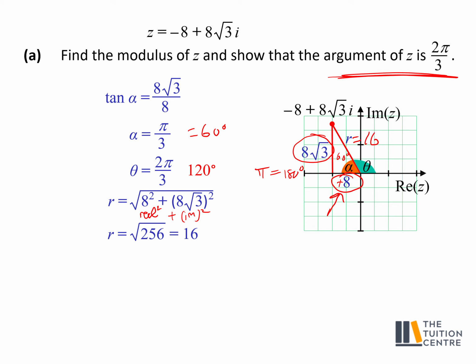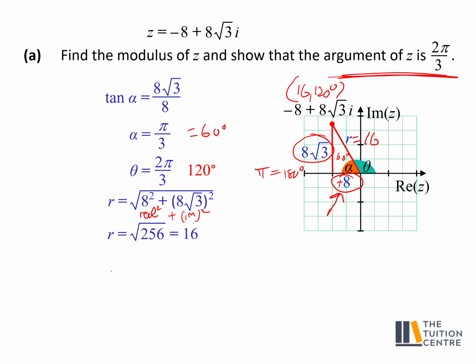So in its simplest form, in polar form, you could call this 16 comma 120. Okay, a distance of 16 and a rotation of 120.